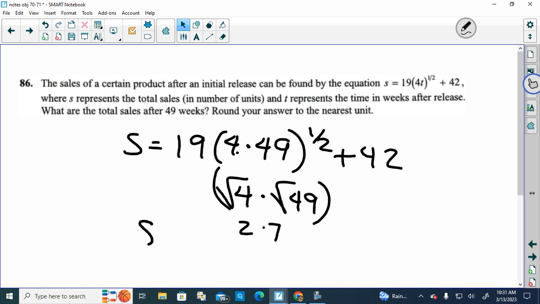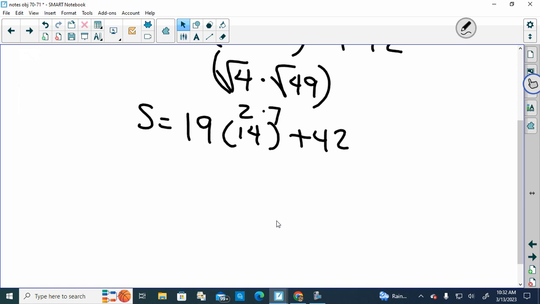Okay, so we're at this now. S equals 19 times 14 plus 42. Our next step would be to multiply. The 19 and the 14 gives us 266. And then your last step is going to be to add the 42.